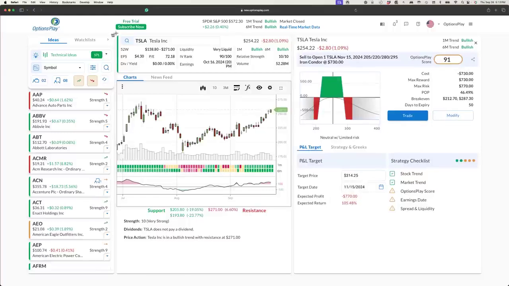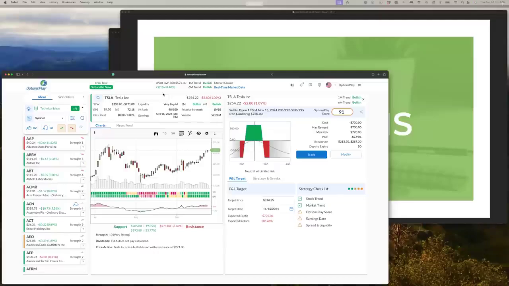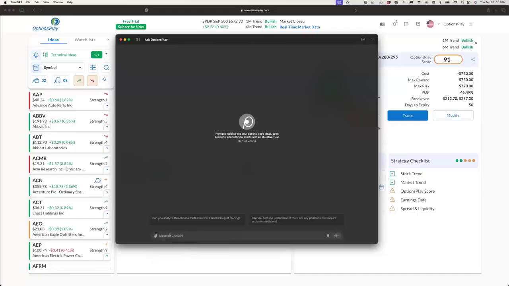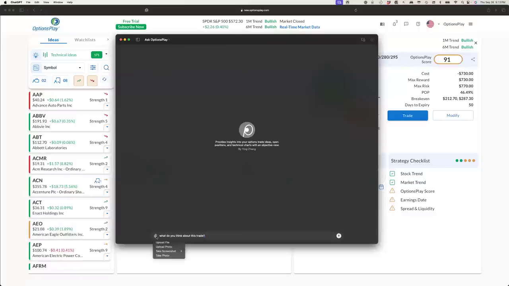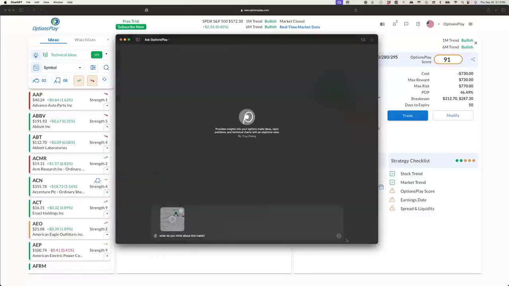Look at this. What do you think about this trade? And we'll upload this Tesla iron condor to it.